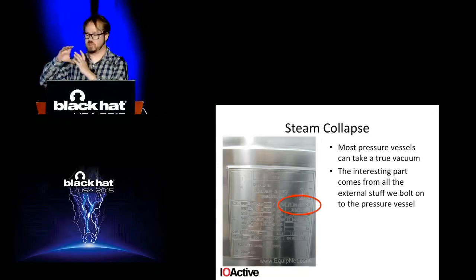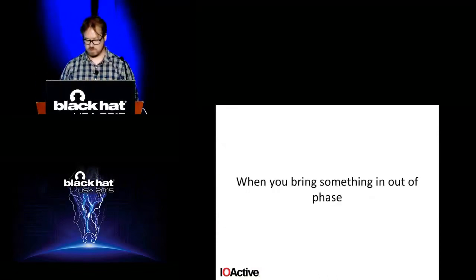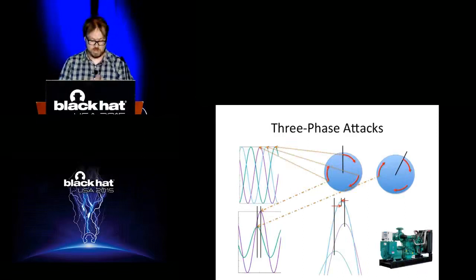And more often we're replacing steel pipe with plastic pipe because it's cheaper and better and all those things. So a lot of times you can get a vacuum within the reaction vessel, and that holds, but then all the pipes and everything you hook onto it will actually crush.